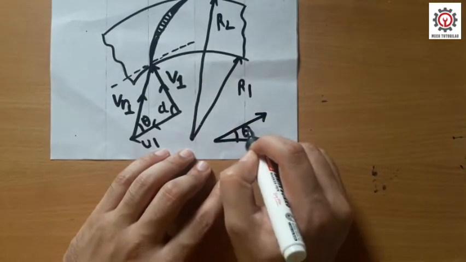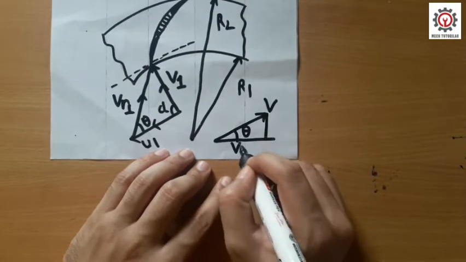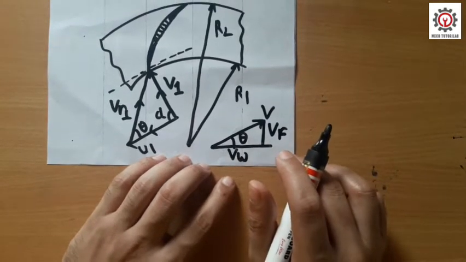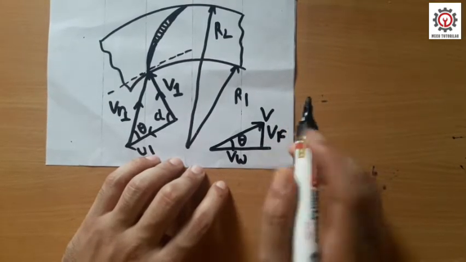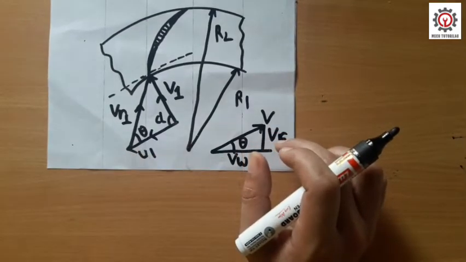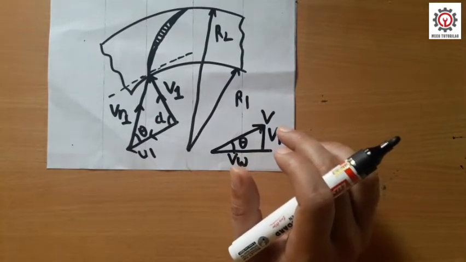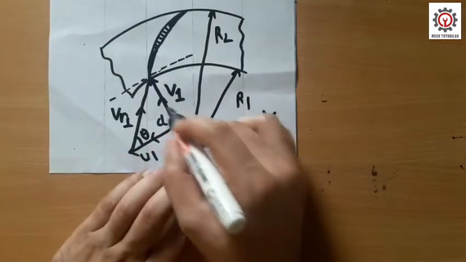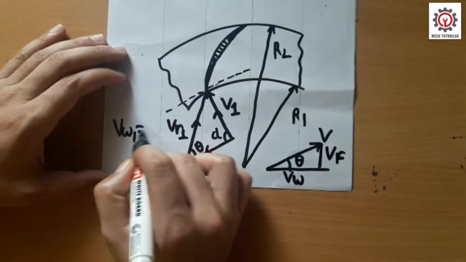If this angle is theta, then this velocity will have two components. One is tangential, which is vw, and one is vertical, which is vf, called flow velocity, and vw is whirl velocity. Whirl velocity is nothing but the tangential component of the absolute velocity of water at the inlet of the curved vane or leaving the curved vane. But here it is making a 90 degree angle. So in this case vw1 must be 0 theoretically.